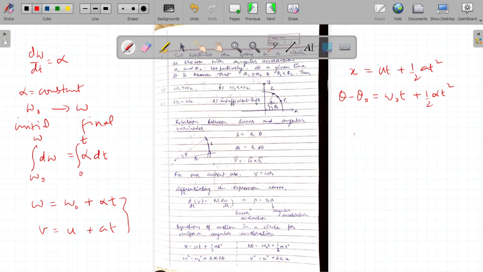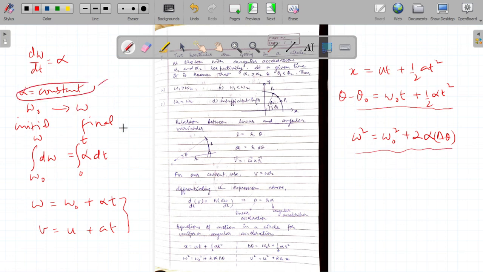In the same way we can write omega square is equal to omega naught square plus 2 times angular acceleration into the angular displacement delta theta. These equations can be used in solving questions which have a constant angular acceleration and which demand evaluating in terms of angular variables only. That is, if you are given alpha and the initial angular velocity, what would be the velocity of the particle after t time, and such.